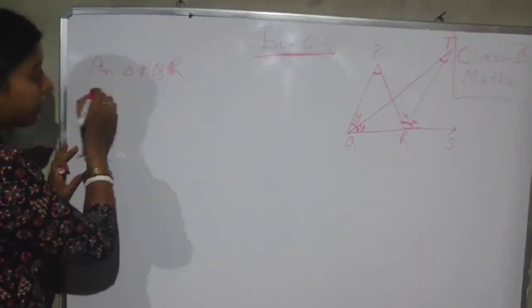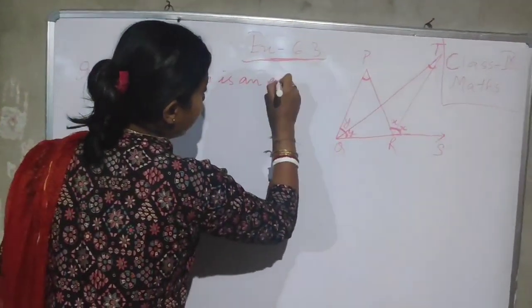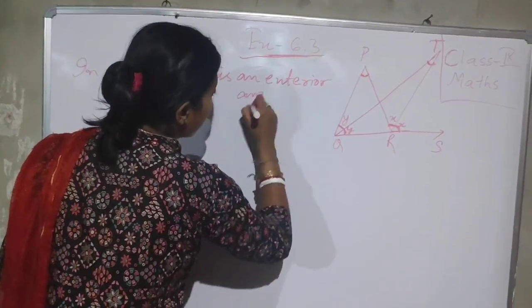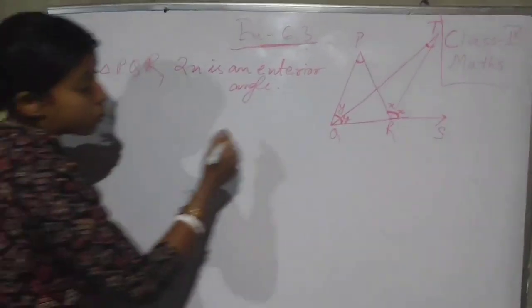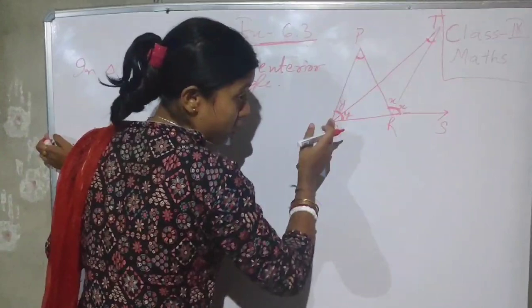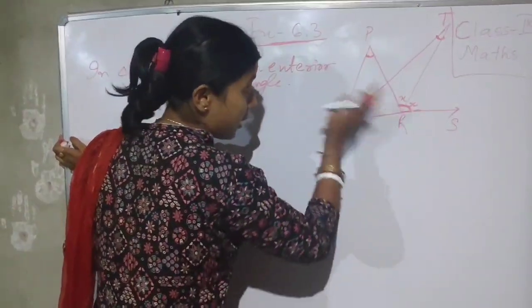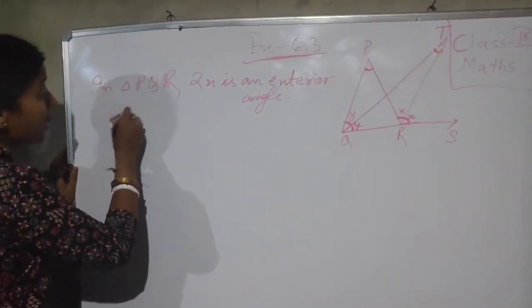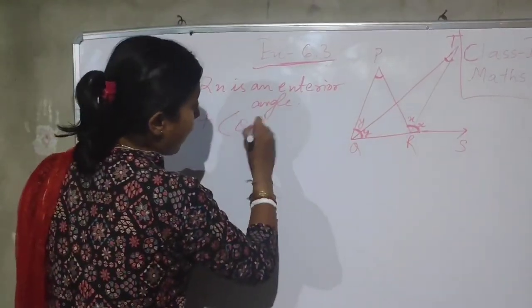So we will write 2x is an exterior angle, and here also 2y, the sum of opposite interior angles. So 2x equals 2y plus angle QPR.